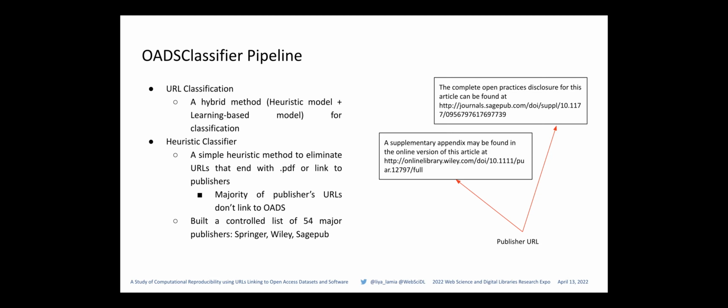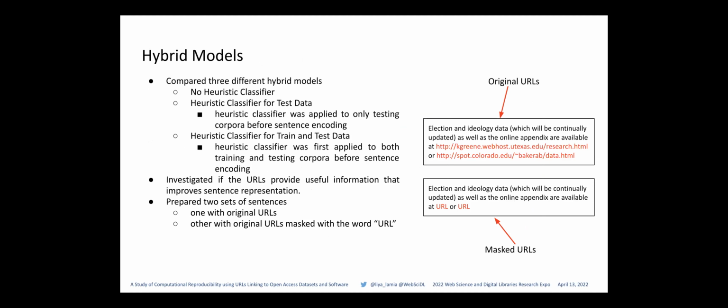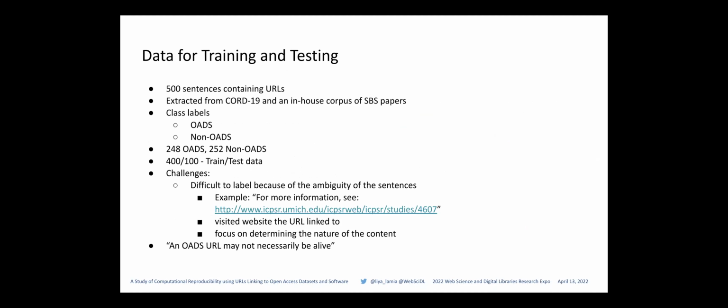In our current work, if I understood your question correctly, we already mentioned that a URL may not necessarily be alive. So we looked at the context of the sentence, whether it gives us a hint that the link points to an open access dataset or software, and on that basis we performed the labeling task.